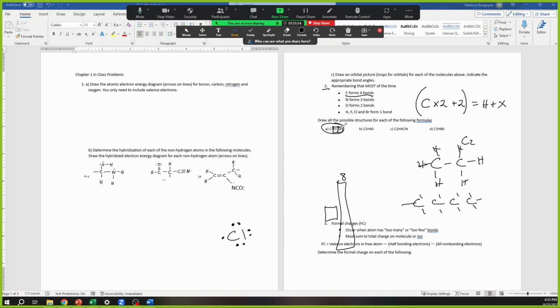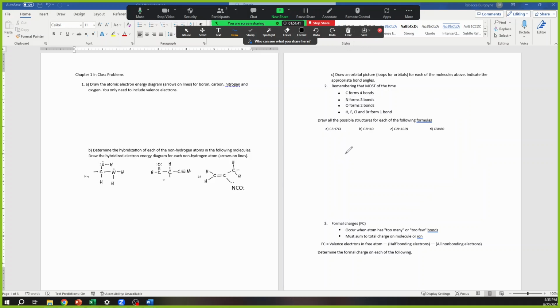What that means is there are no double bonds, no triple bonds, and no rings. So what we can do here is we can draw our carbons all in a row, and we can fill in our hydrogens everywhere except for we'll put our chlorine somewhere. So chlorine can go here, the rest can be hydrogens.